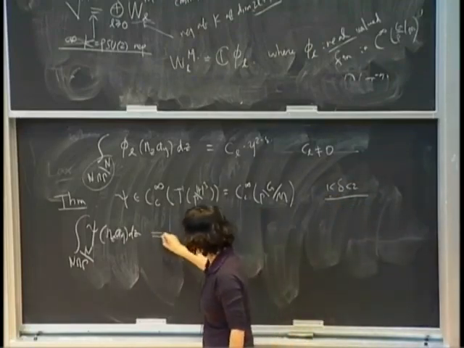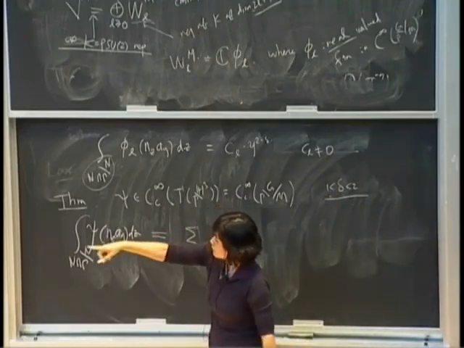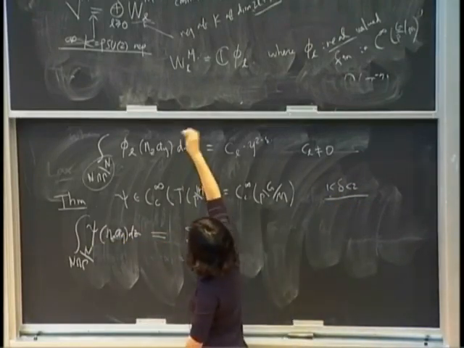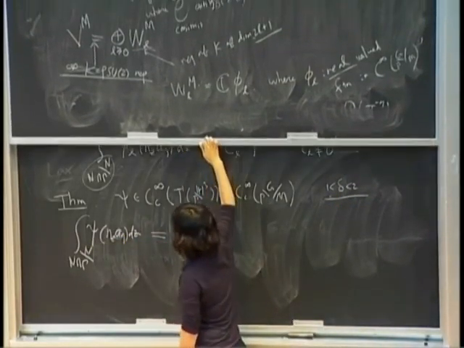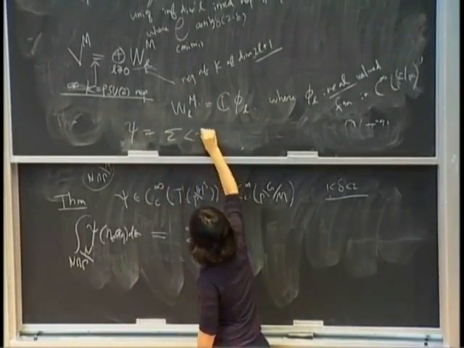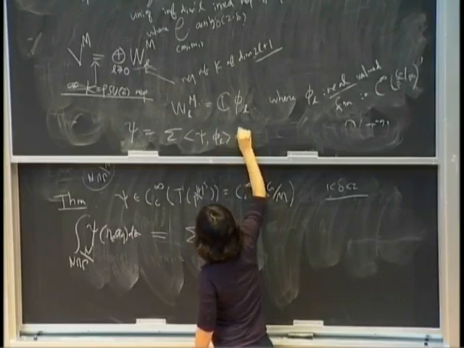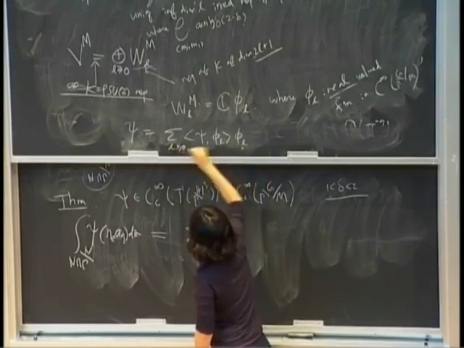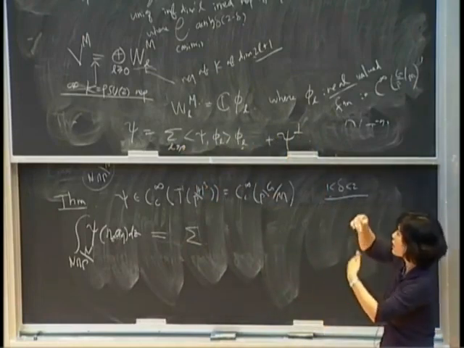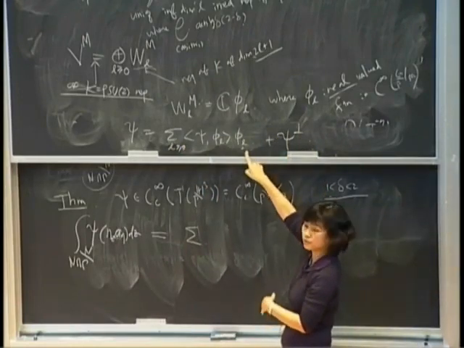Then what do I expect here? Using a similar heuristic approach, because I have this decomposition, I can write psi as an infinite sum of psi times phi L, plus psi perp. Because if psi is an M invariant function, it will pick exactly one phi L over here.